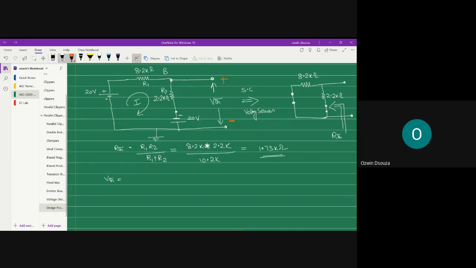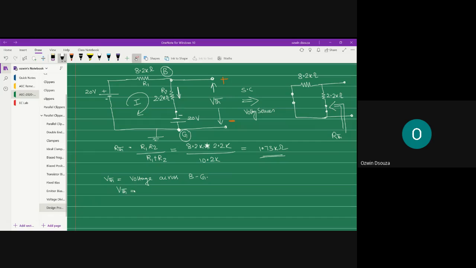VTH is the voltage across base to ground. This is your ground node and this is your base node.